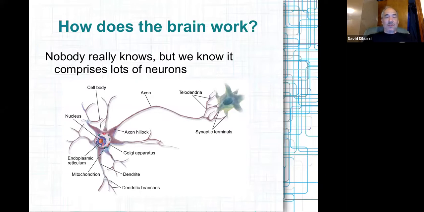So that's the basic thing that's going on in our brain. We've got all these neurons, and it's this very simple idea of these impulses coming in on the dendrites, and if there's enough of an impulse coming in, it will send out an impulse.